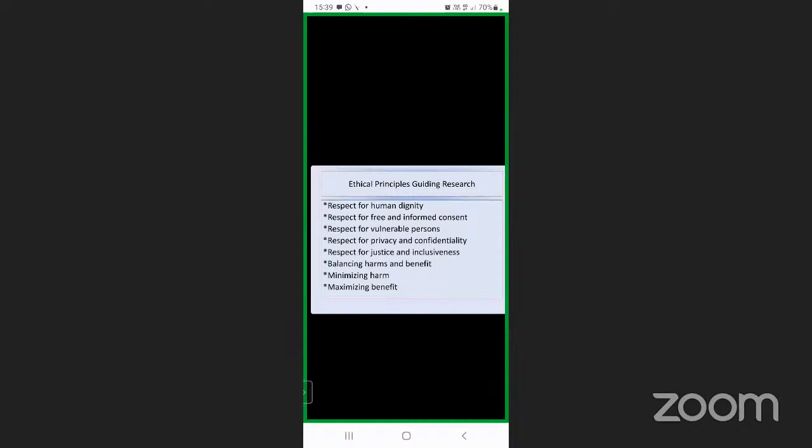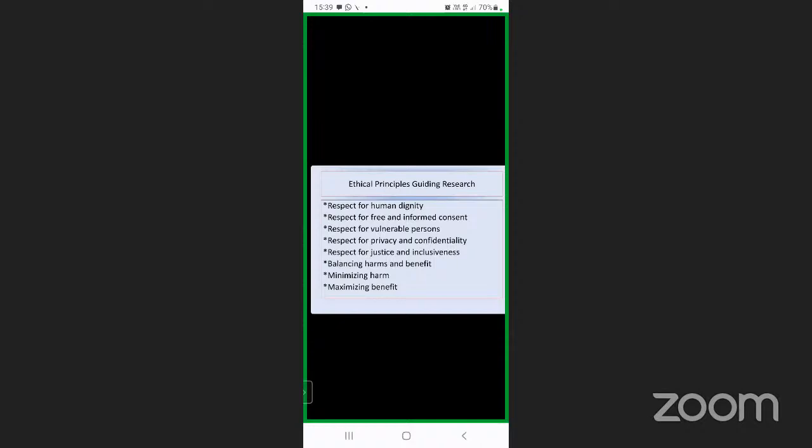Then respect for justice and inclusiveness of every part which is included in the studies of our research. Many times we read about conflict of interest.